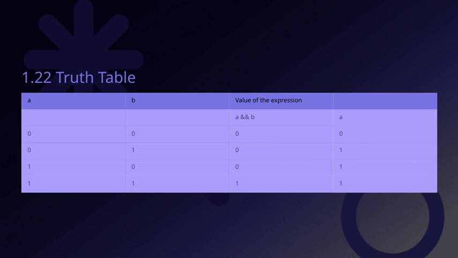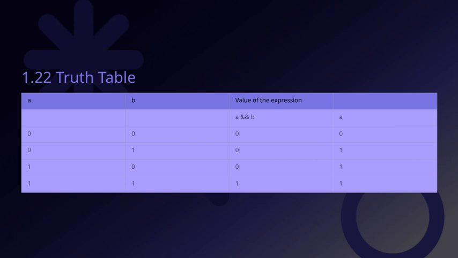What's interesting here is how the AND operation behaves. It only yields a true or 1 result when both inputs are true or 1. This pattern is fundamental in logic because it helps us understand how different conditions combine. This table is called a truth table, and in this case, it's specifically the 1.22 truth table, illustrating exactly how the AND operator works across all possible input combinations.